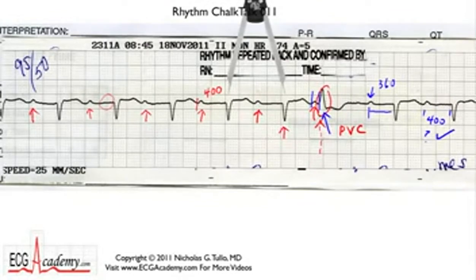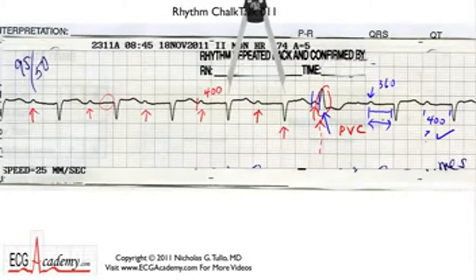That's because after this bit of a pause, the AV node has a little bit of a break, and so it's able to conduct this P wave a little bit more efficiently at a somewhat shorter PR interval than this one. This is not the same as Wenckebach, but it is a reflection that the AV node conducts better at slower rates and worse at faster rates. And the coupling interval from one beat to the next certainly plays a role in how the AV node conducts.